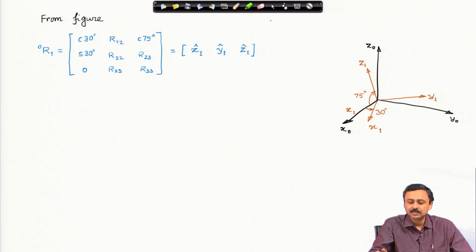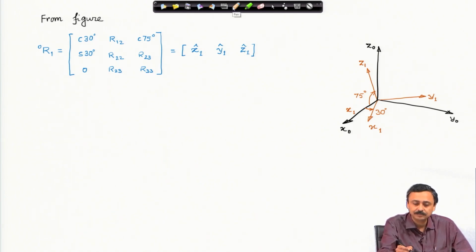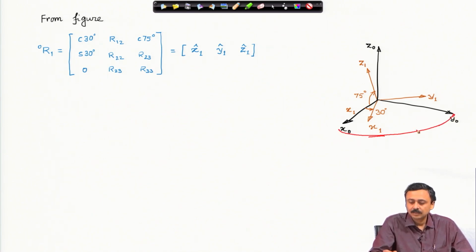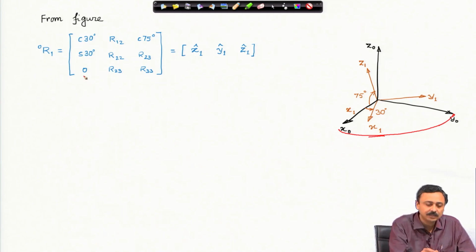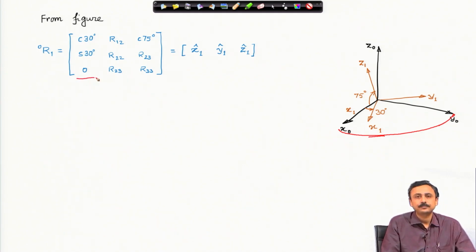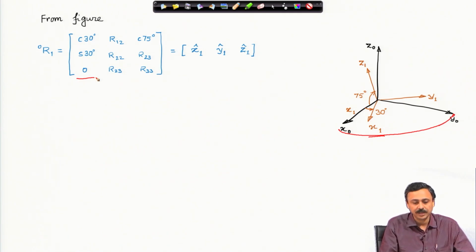Now, it said in the problem statement that x 1 axis is in the x 0 y 0 plane, and it makes an angle of 30 degree with x 0. Therefore, I can directly write the first column. The first column is nothing but the representation of x 1 in x 0 y 0 z 0. So, I can write that.